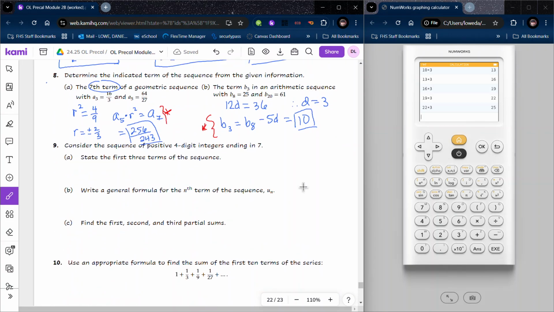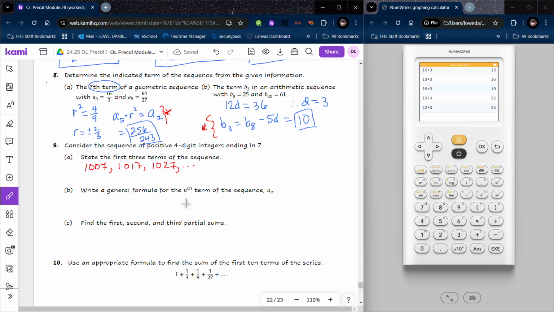Okay, continuing, we have a sequence of positive 4-digit integers ending in 7. State the first 3 terms. So I have a 4-digit integer ending in 7. The first one will be 1007, then 1017, then 1027, and going on.